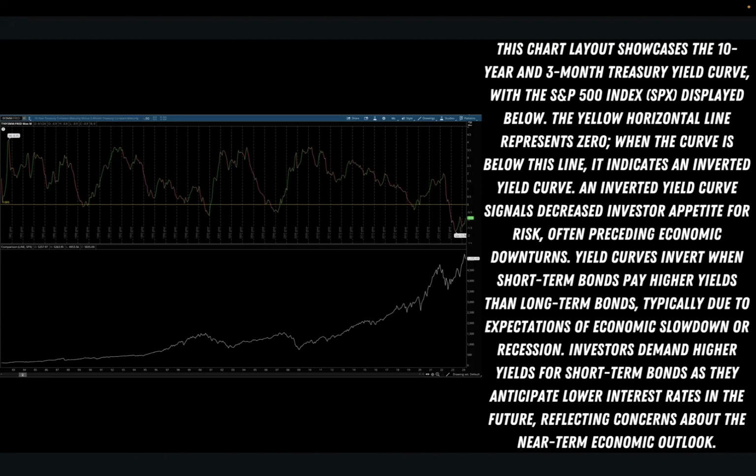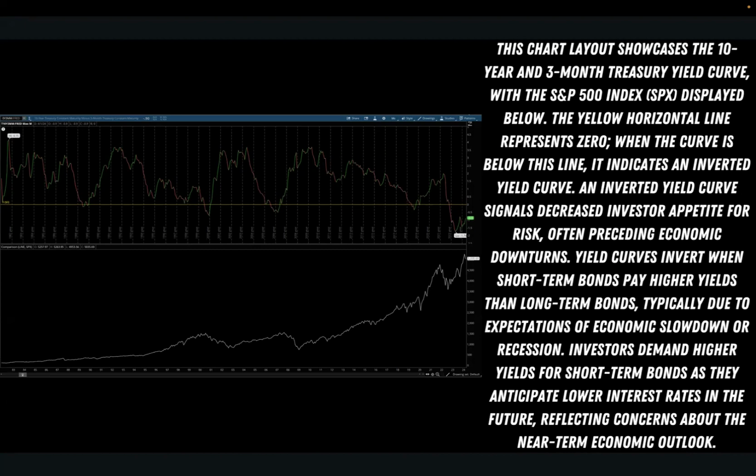Investors demand higher yields for short-term bonds as they anticipate lower interest rates in the future, reflecting concerns about the near-term economic outlook, right? So that is how your typical person looks at the yield curve and understands why it goes inverted, and just the whole theory and basis behind looking at the yield curves.